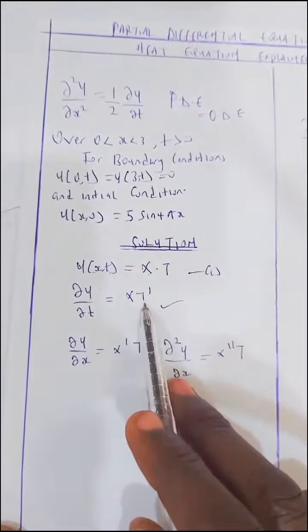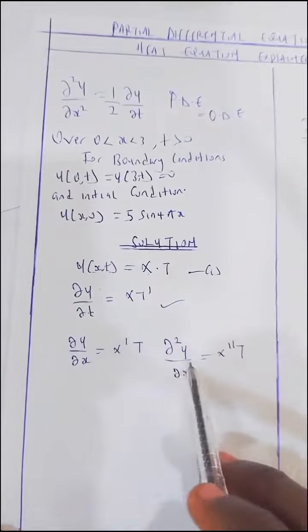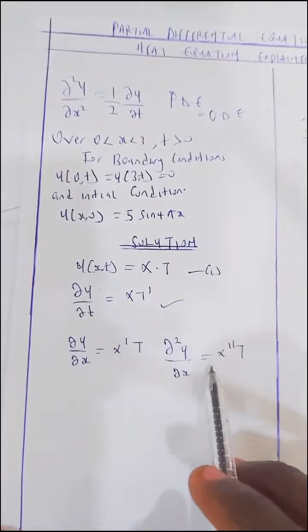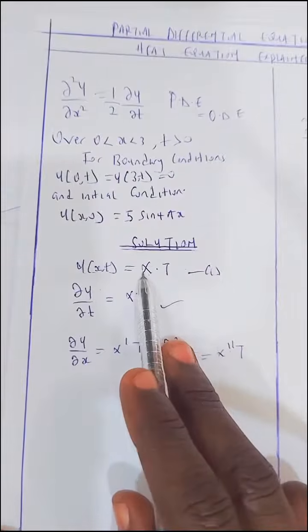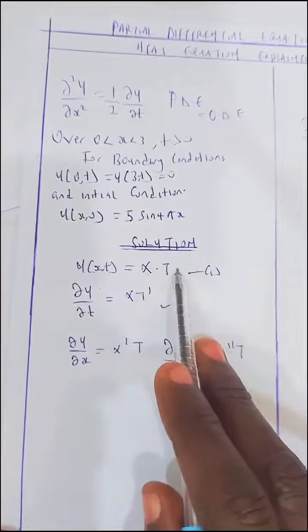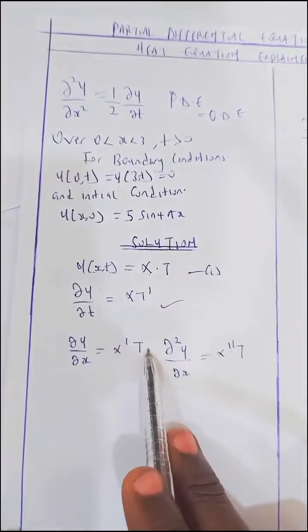In differentiation, our first derivative can be represented as X prime, where the second derivative is represented as X double prime. So if this is a function and you want to differentiate it with respect to x, you are going to treat t as constant.